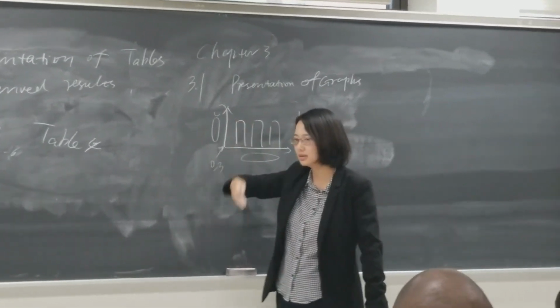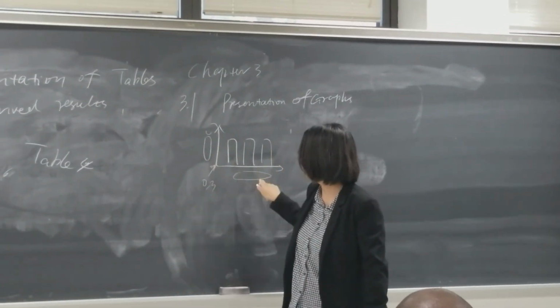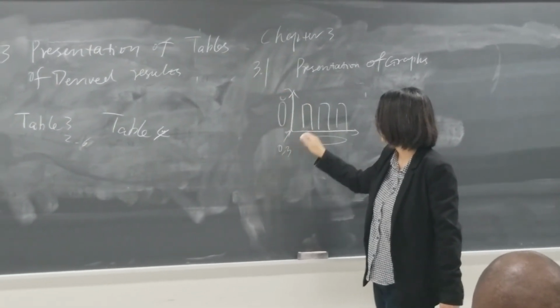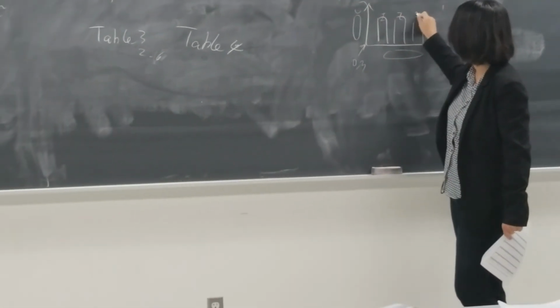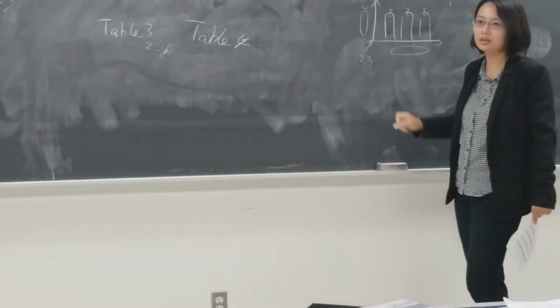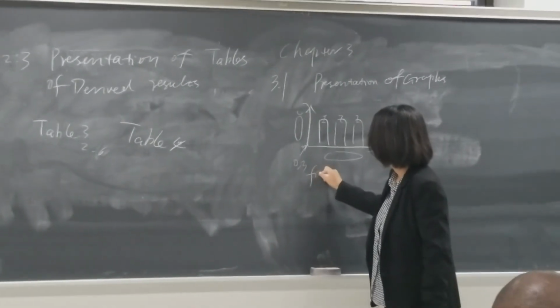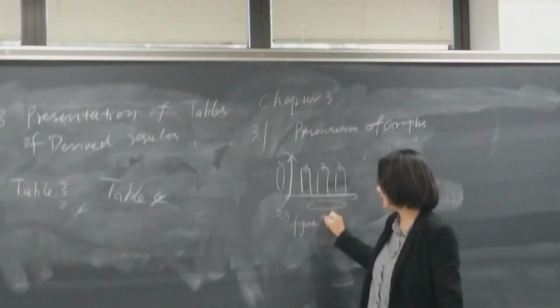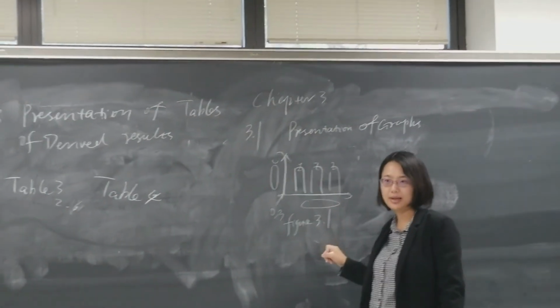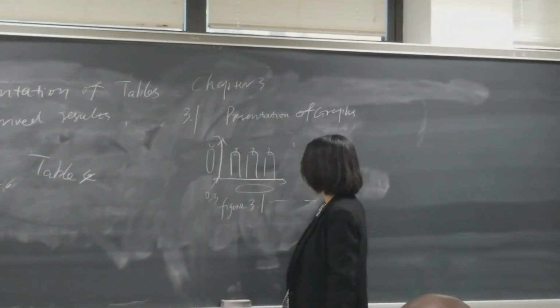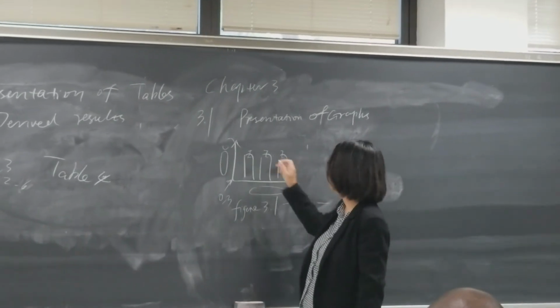I need to check my score matrix, but all these are what I'm going to check: title, unit, error bar, start from 0, and the figure. So this will definitely be your figure 3.1, your first figure in chapter 3, with a caption.